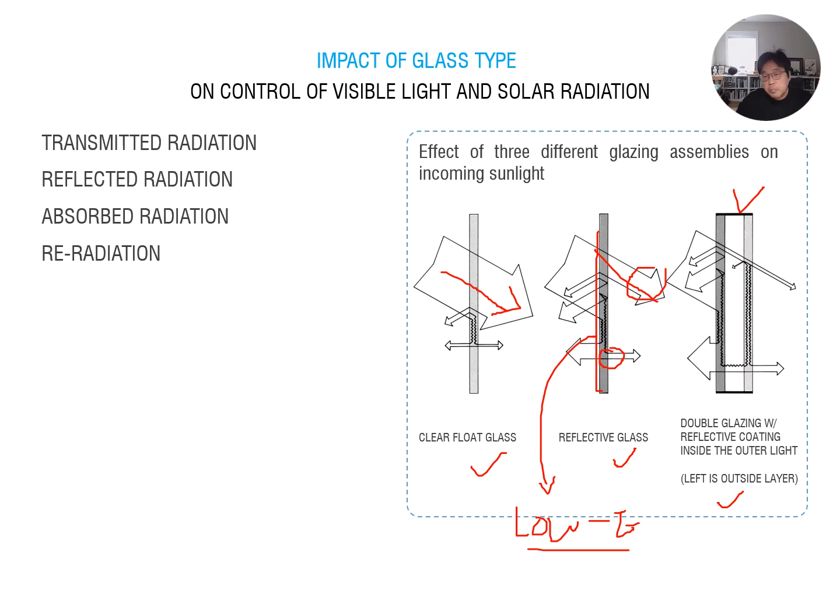Most sunlight is reflected by the outer layer, because when you have a low-E coating on the outer layer, having the reflecting coating, the rest of the heat and light is captured in this air space. Sometimes you can put argon gas in this air space.